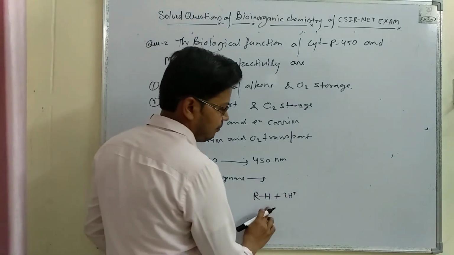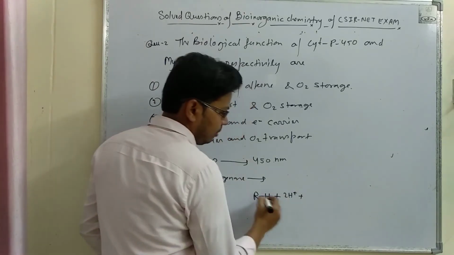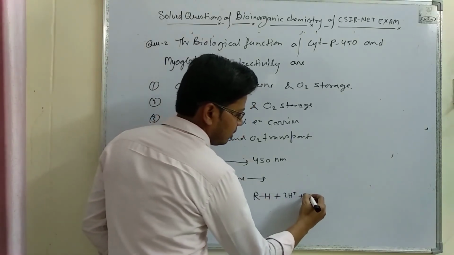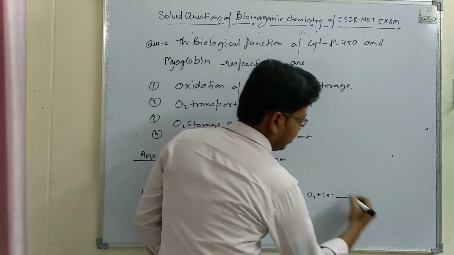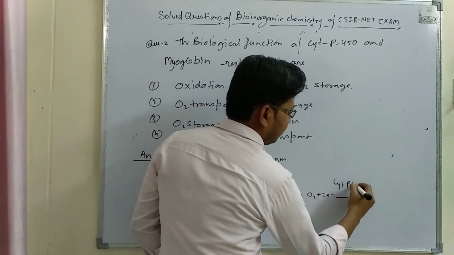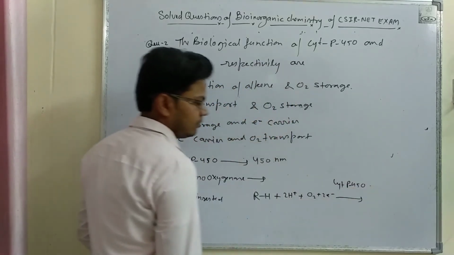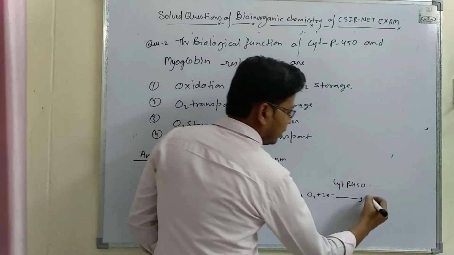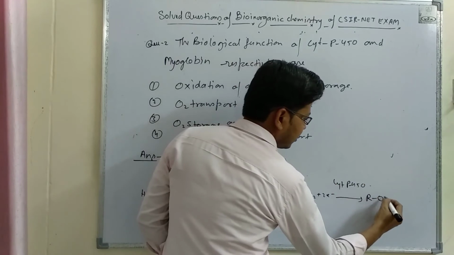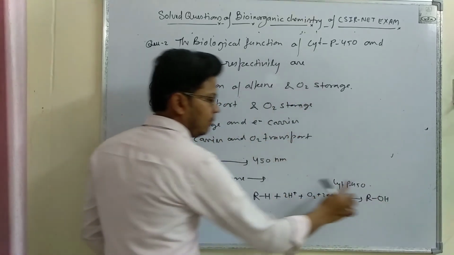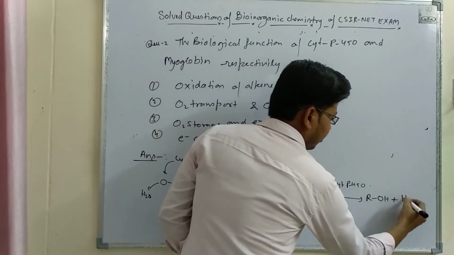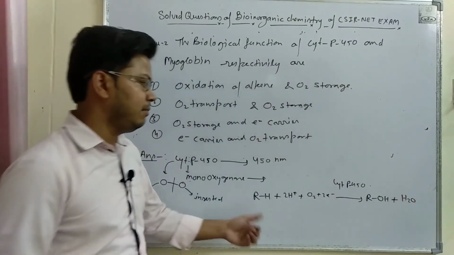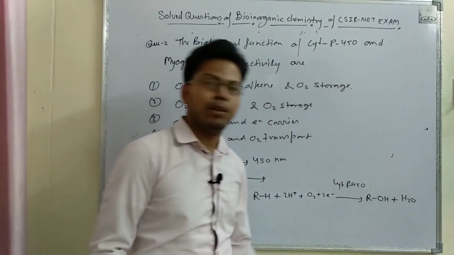That is, this is the insoluble hydrocarbon plus 2H plus O2 plus 2 electrons in presence of cytochrome P450. One oxygen atom is inserted, and this will become the soluble alcohol, and the other oxygen atom is converted into the water molecule.